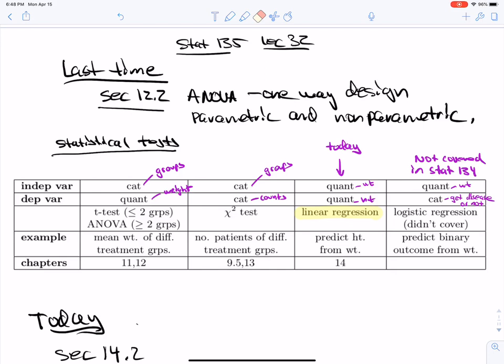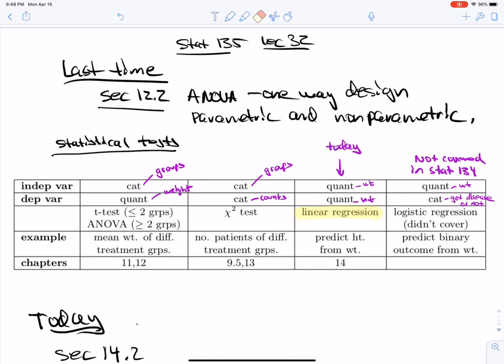If your independent variable is categorical, in other words, a group, some certain groups, and the dependent variable is quantitative, so for example, weights, then you would want to do a t-test or ANOVA, depending on the number of groups that you have. So for example, we could explore whether the mean weights of the different treatment groups are the same.